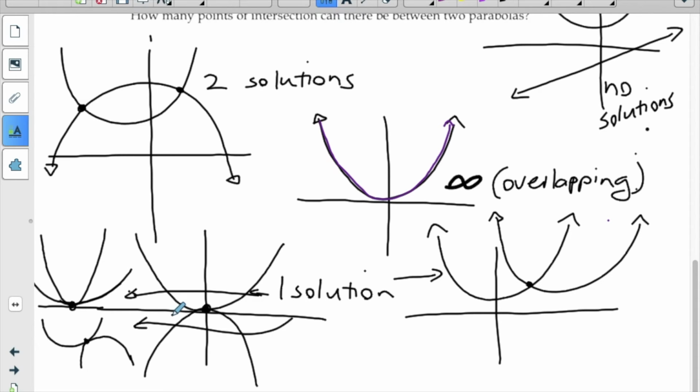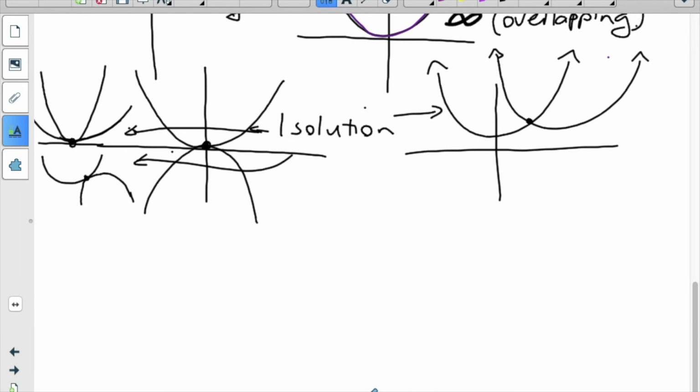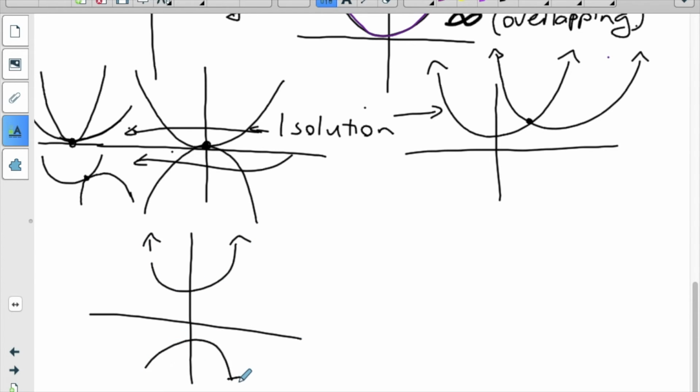Yeah. 0. So if one of them looks like that, and the other one looks like that, you'd have 0. Okay? So there's 4 possibilities. You can have 2, infinite, 1, or 0.